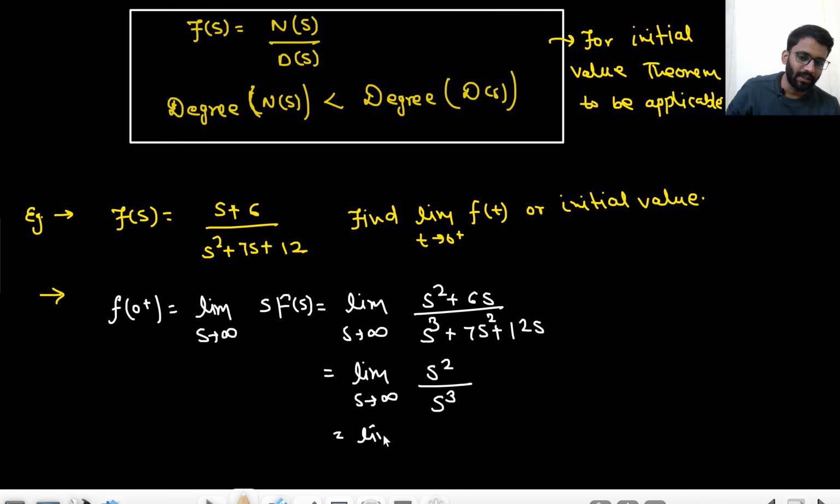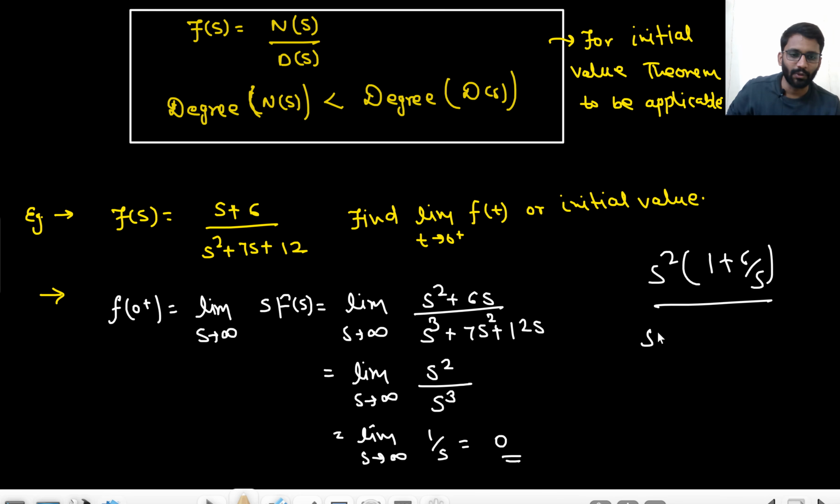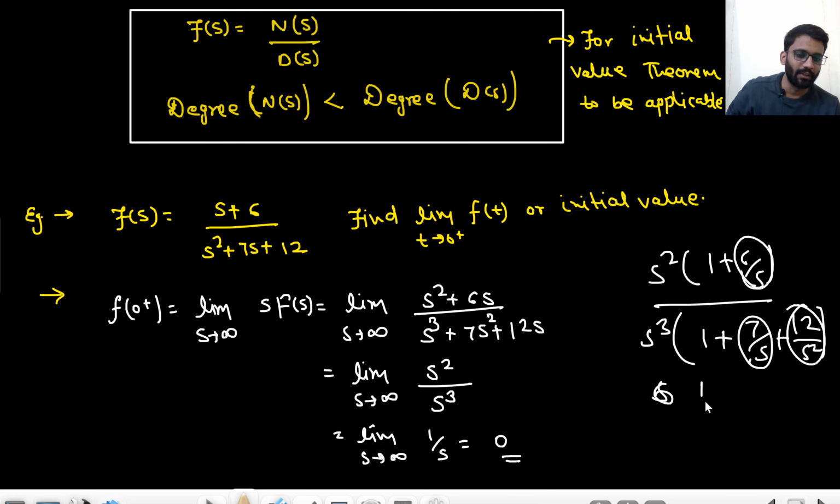So we are left with limit s tends to infinity of 1 by s, which equals 0. Or you can take s square common in the numerator, giving 1 plus 6 by s, and s cube common in the denominator, giving 1 plus 7 by s plus 12 by s square. Now if you put infinity, those terms go to 0, so finally you have 1 by s, and putting infinity, the complete function goes to 0.